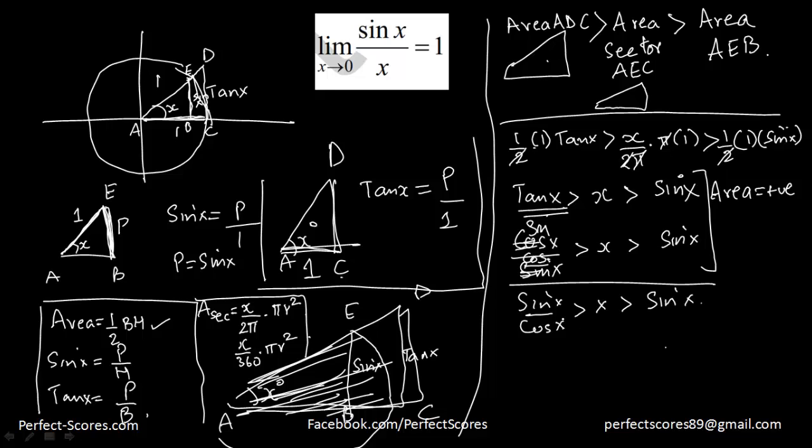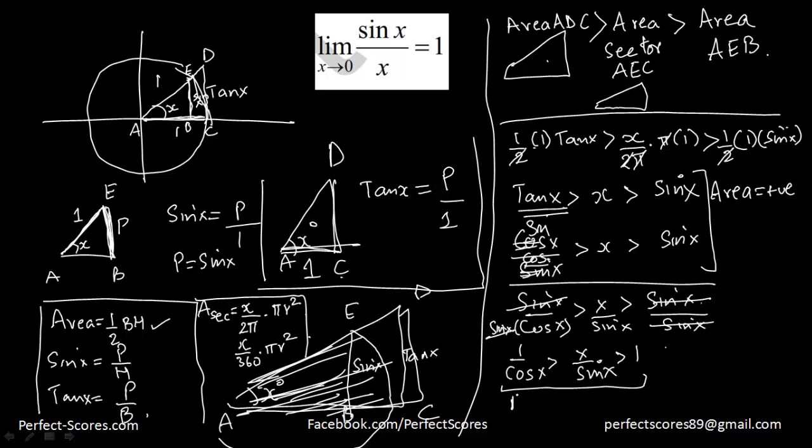So I'm going to divide the whole thing by sine x. If I divide everything by sine x, I can eliminate this sine x by sine x and this sine x by sine x. I'm going to say 1 by cos x is greater than x over sine x is greater than 1. Now I'm going to invert this inequality.